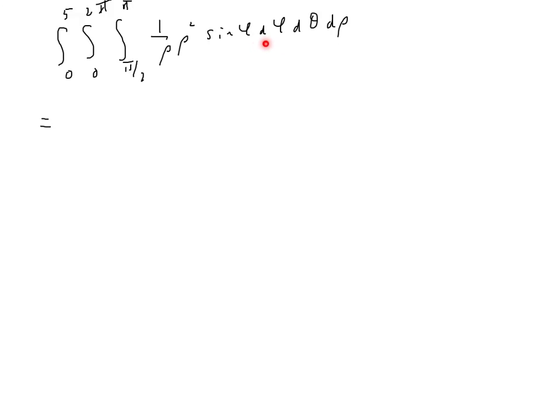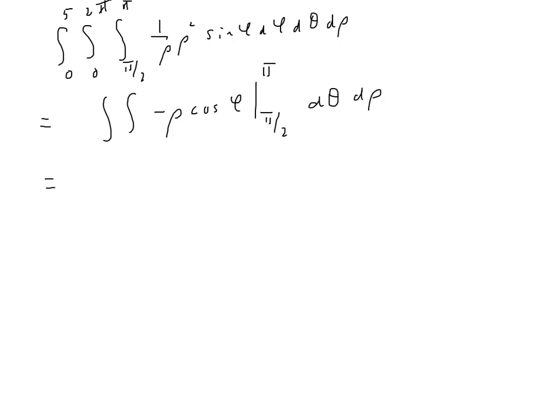This first integration is with respect to phi. An integral of sine phi is minus cosine phi, and I'm going to simplify that while I'm at it. So I get rho times negative cosine phi, evaluated from pi over 2 to pi. Then we finish the other two integrals.